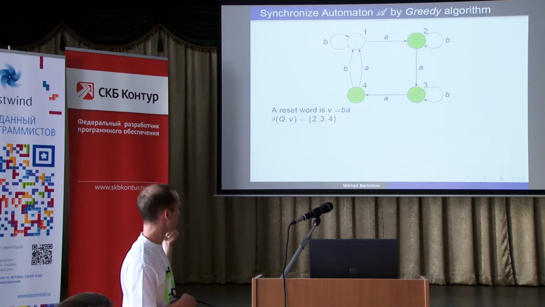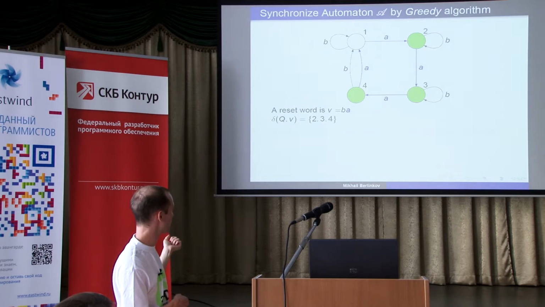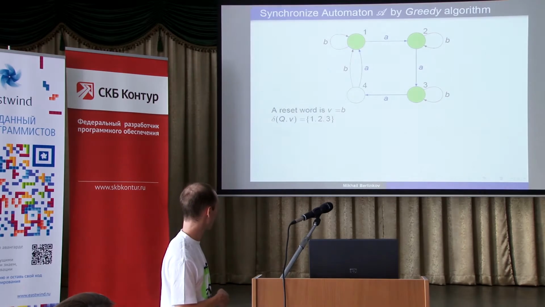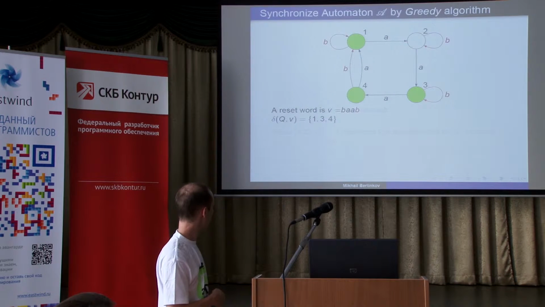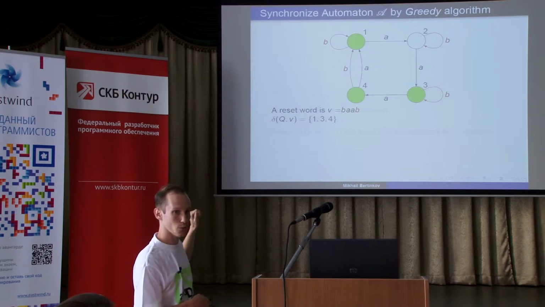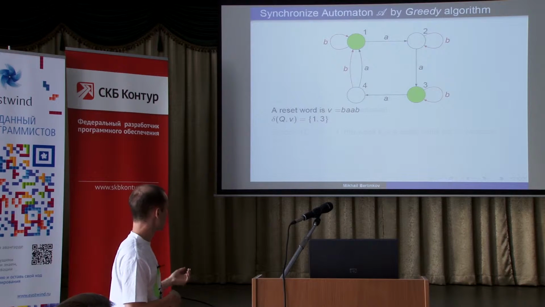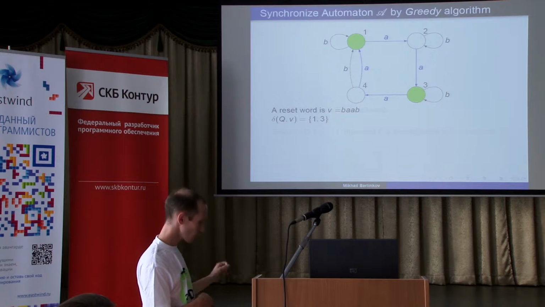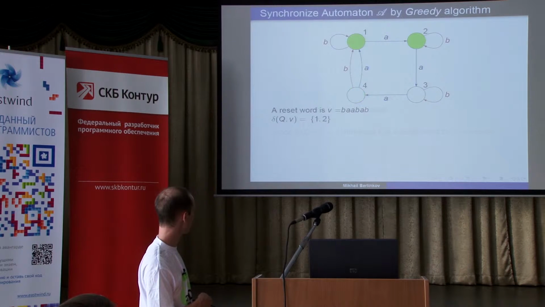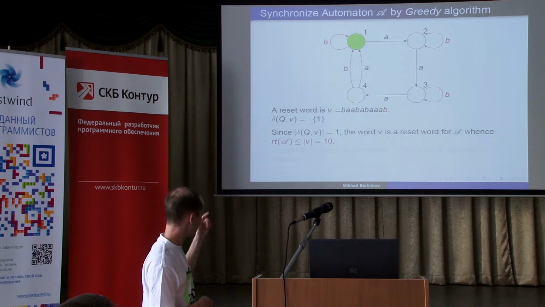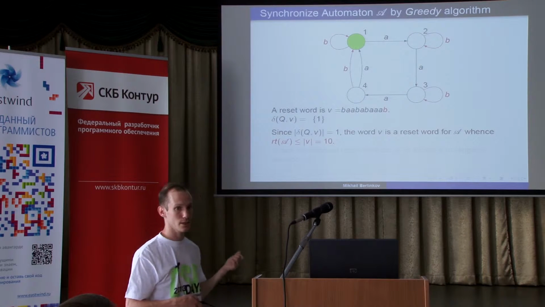It again makes no sense to apply letter B, because it goes back to the previous position. So we apply letter A, and now we can apply letter B, because it merges states 4 and 1. And it's easy to verify that the third word will be A, B, A, B. Thus we get one state in the image.